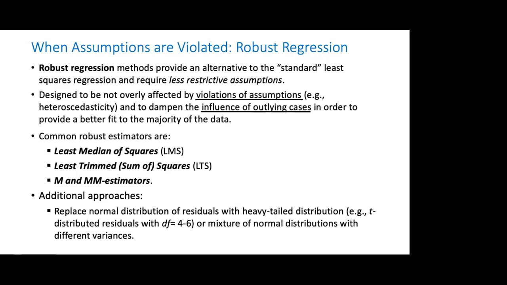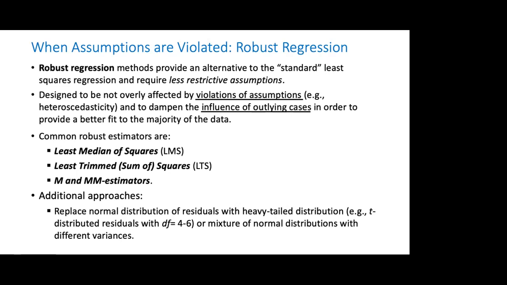The M and MM estimators are downweighing cases based on their residuals. The larger the residual, the less of an influence the respective case has. Instead of just minimizing the sum of the squared residuals, they're minimizing a function of the sum of the squared residuals.